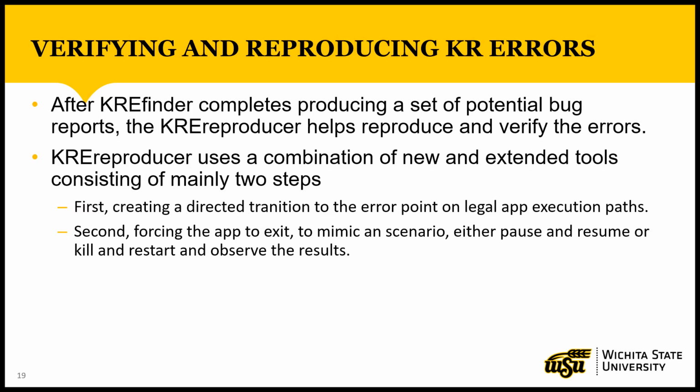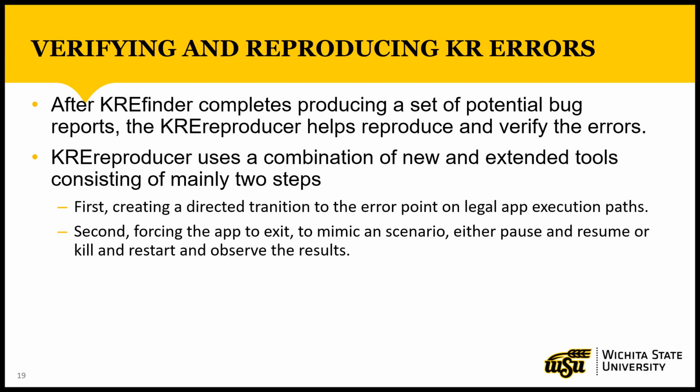Verifying and reproducing KR errors. After KRE Finder completes producing a set of potential bug reports, our KRE reproducer helps reproduce and verify the errors. KRE reproducer uses a combination of new and extended tools consisting of mainly two steps.